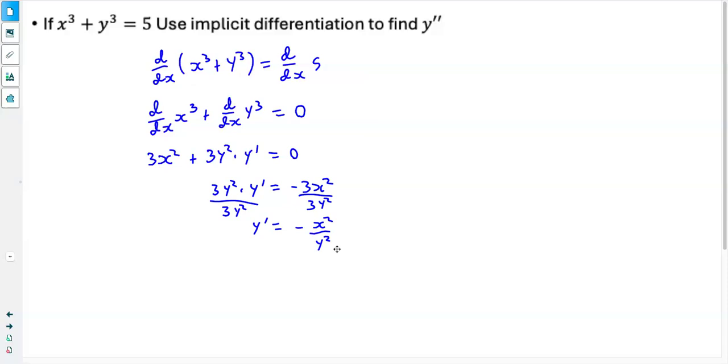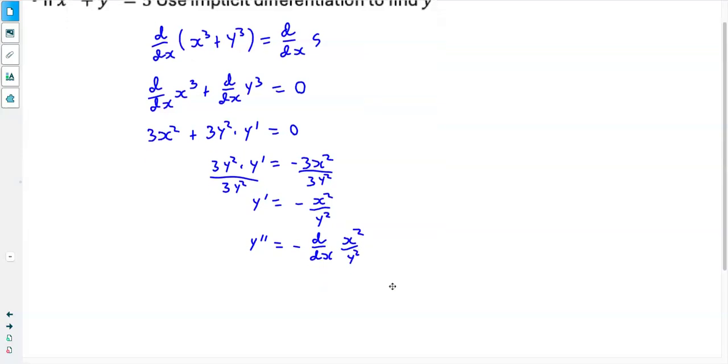Now to find our second derivative of y, that's d over dx of, actually we might as well move the negative in front. That's negative d over dx of x squared over y squared. Now for this, we need to use the quotient rule.